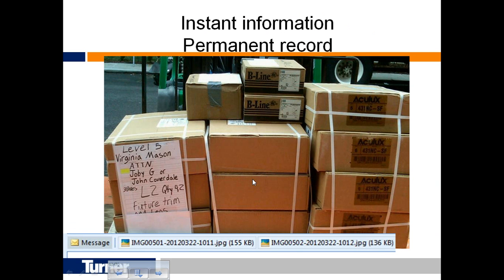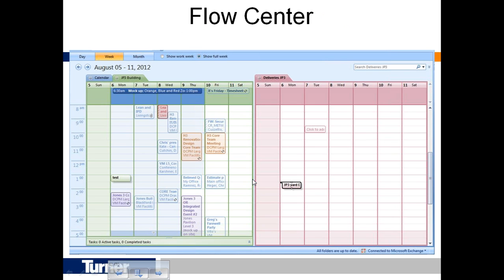Pictures of every piece or object are taken, and those become cards to notify that work's ready to go in. And then we manage a flow center to speed up the work and get truly just-in-time information and communicate that to the field, that parts and pieces are ready to install, and then move on to the next location.